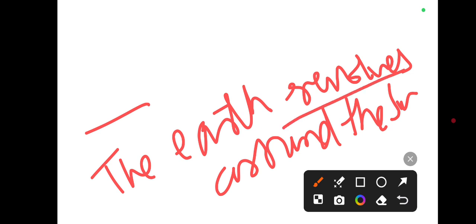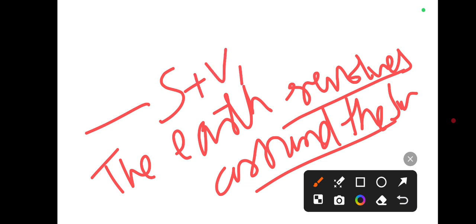The earth revolves around the sun, and this is the truth, and truth never finishes. Truths are truths, facts are facts, they never change. That is why for such statements we use simple present tense, and the structure is subject plus first form of verb, and sometimes an object. The object is not obligatory; sometimes we use it, sometimes we don't.